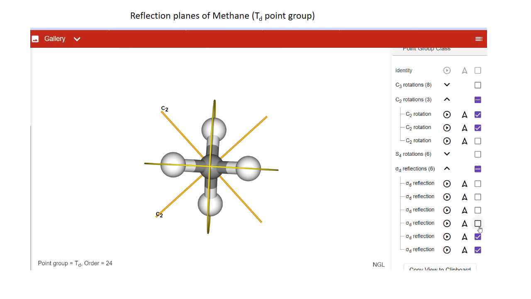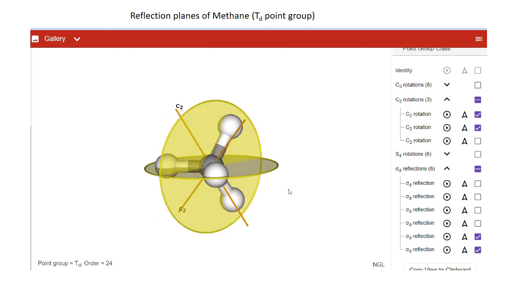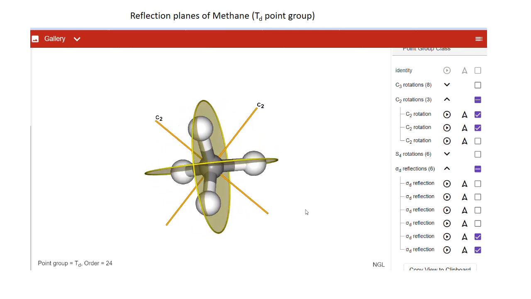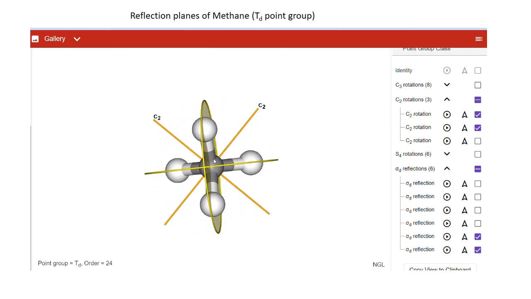Similarly, we can have other sigma d planes also. How is that possible? Because now we have chosen these two as a set, these two as a set. Next time you have to choose this right side, these two both as a set, and these two as a set.